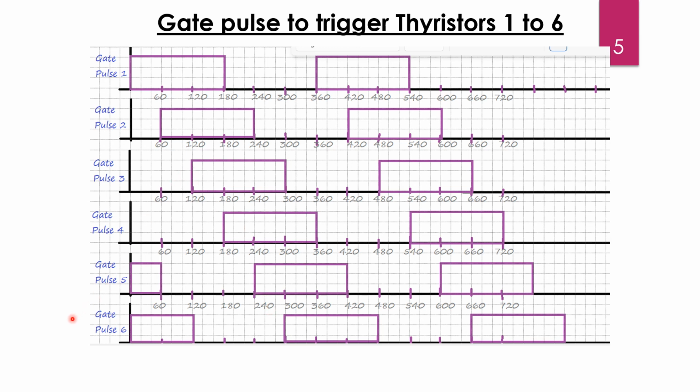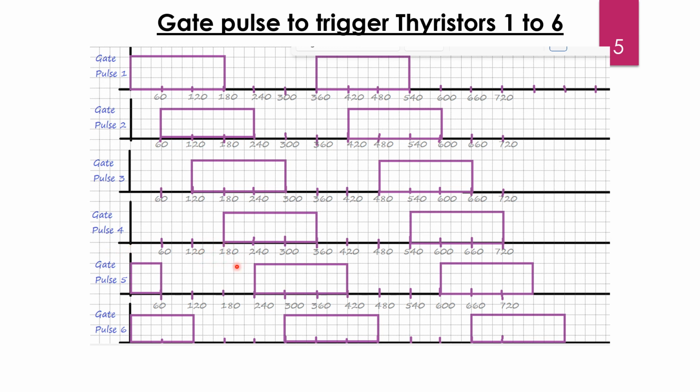Same way, we can easily understand that if switch 1 represents the positive phase sequence of the upper arm thyristor, switch 4 represents the negative phase sequence of the first arm thyristor. So when switch 1 starts at 0 degree, switch 4 will start at 180 degree.